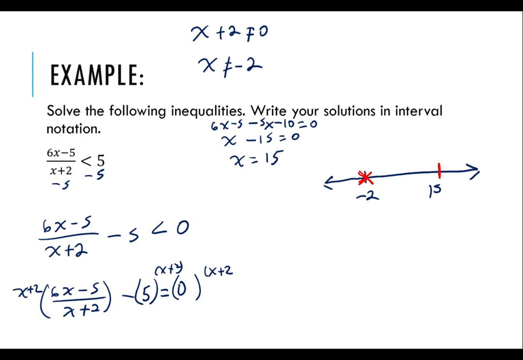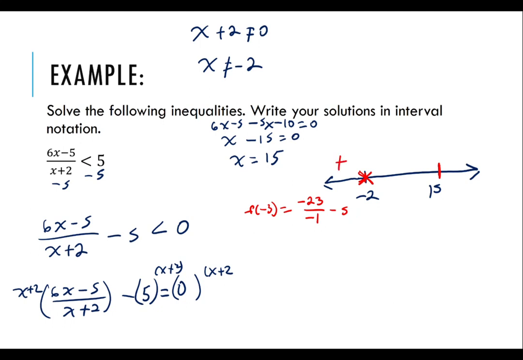How about f of a value less than negative 2? How about negative 3? f of negative 3. Negative 3 times 6 is negative 18. Negative 18 minus 5 is negative 23, divided by negative 1 minus 5. 23 plus 5 is going to be a positive number.